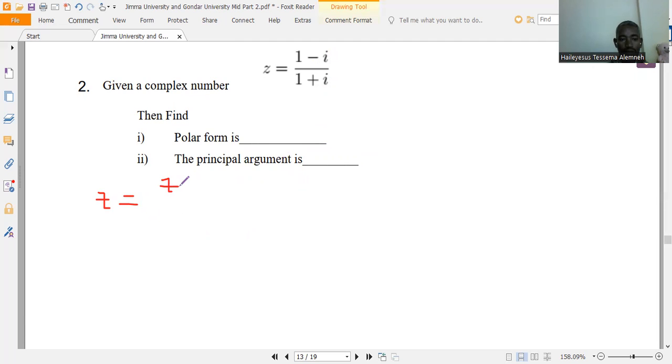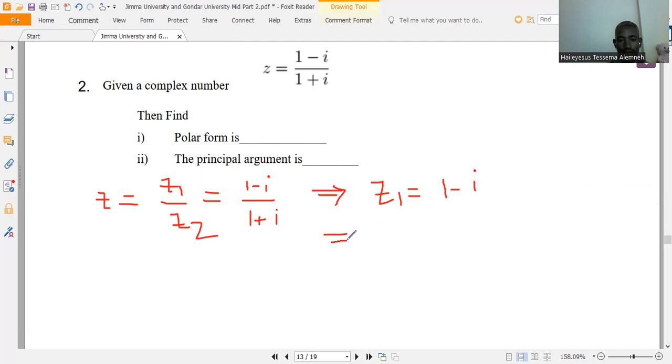z1 over z2 form ነው የሰጠን, which is the same as 1 minus i over 1 plus i ነው ያደርጋል። So it implies z1 እና z2 አድርገን እንሰራችሁ። z1 is 1 minus i and z2 which is equal to 1 plus i.